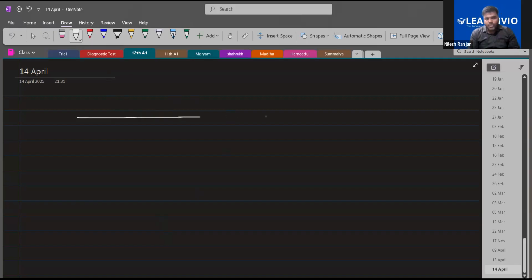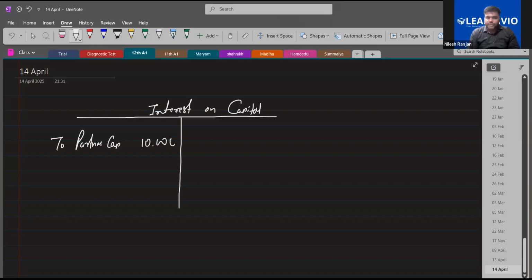Because if you open a ledger for interest on capital, then in the first entry it will be to partners capital account. Let's say 10,000 rupees.